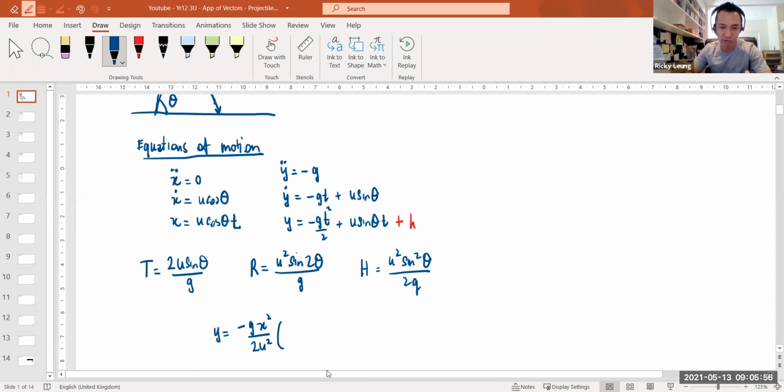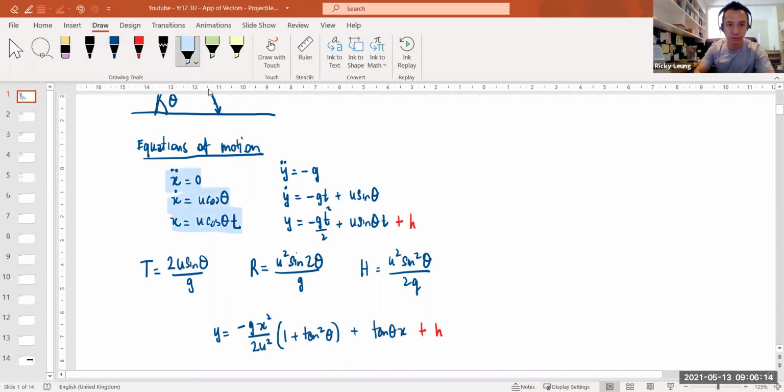Now you can have cos squared on the bottom. 1 plus tan squared is usually the format that they wanted, plus tan theta x, and then just like before, if there is initial height, plus that. Guys, 1, 2, 3, 4, 5, 6, 7, 8, 9, 10 key formulae, right?